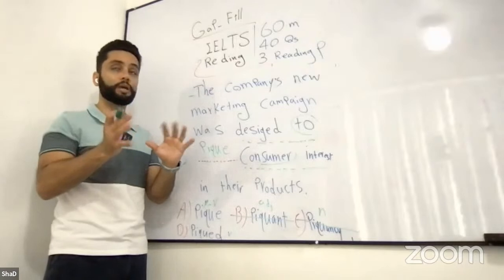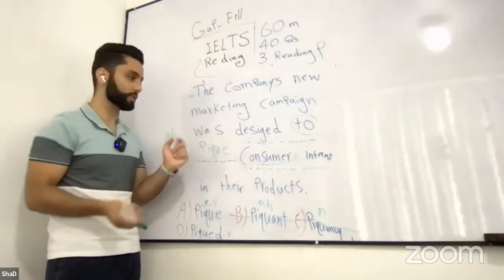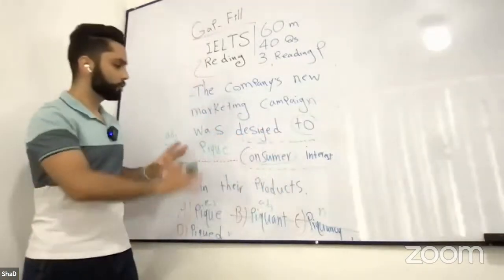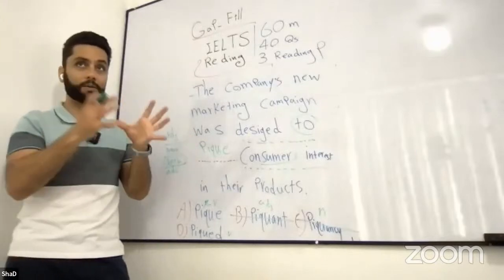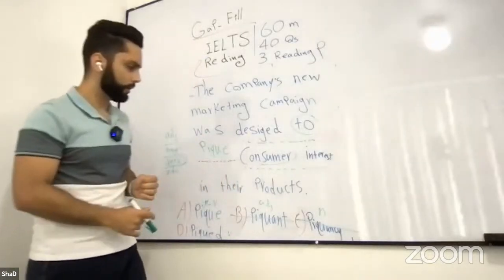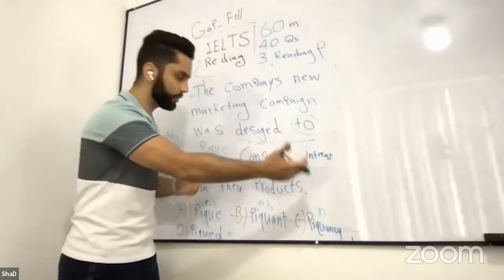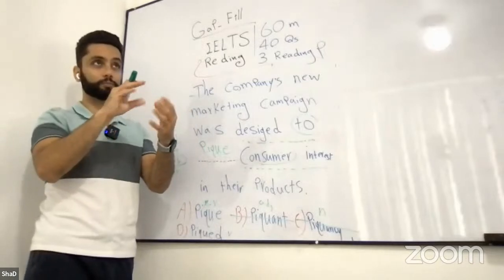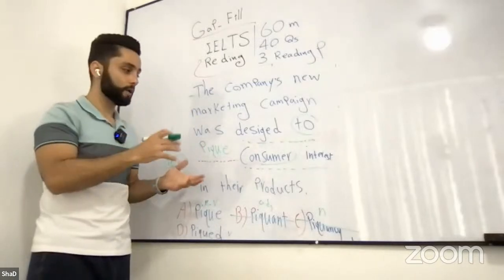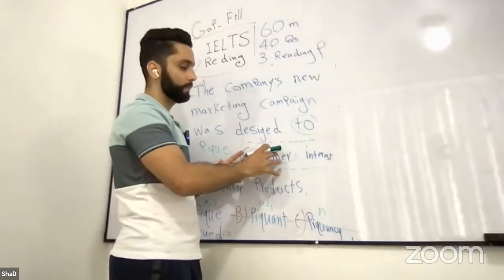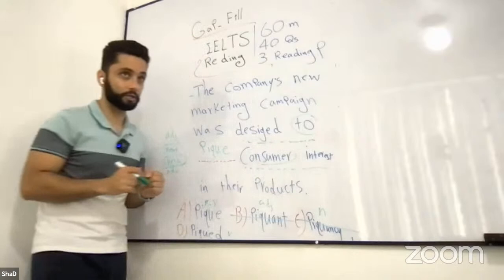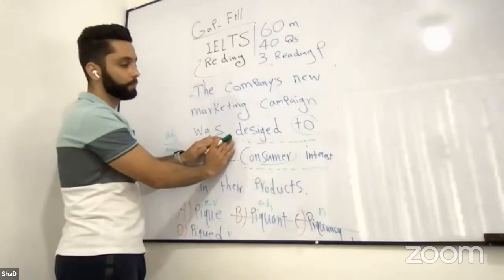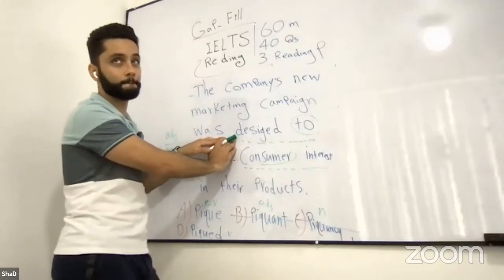In that situation, you have to pay attention to the meaning, to the context. The company's new marketing campaign was designed to do something with or for the consumer interest in the products. They're doing something when they are marketing their products so that they can do something with the consumer interest. First of all, do I need a positive word here or a negative word?